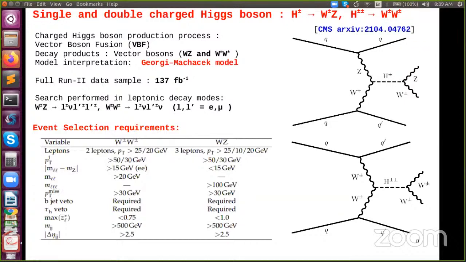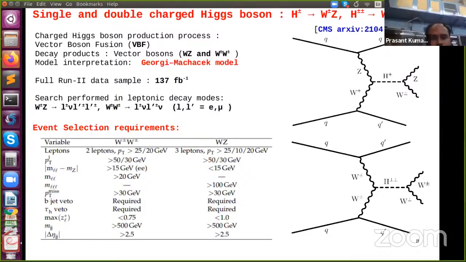The leptons are chosen with pT above 25 and 20 GeV. In the WZ case, the 3 leptons are chosen with pT greater than 25 and greater than 20 GeV. The invariant mass of the 2 leptons is chosen above 20 GeV, and the missing pT is chosen greater than 30 GeV.